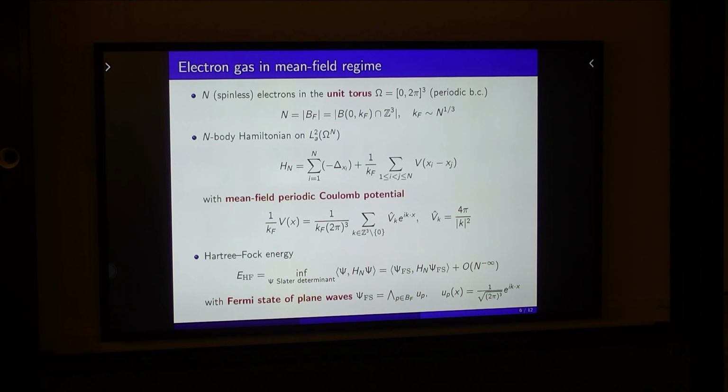Is to simplify the model a little bit, and with a little bit I mean you basically don't take the infinite volume limit.